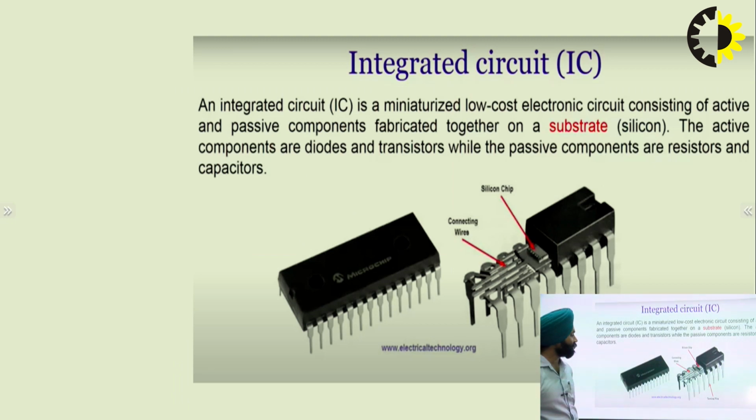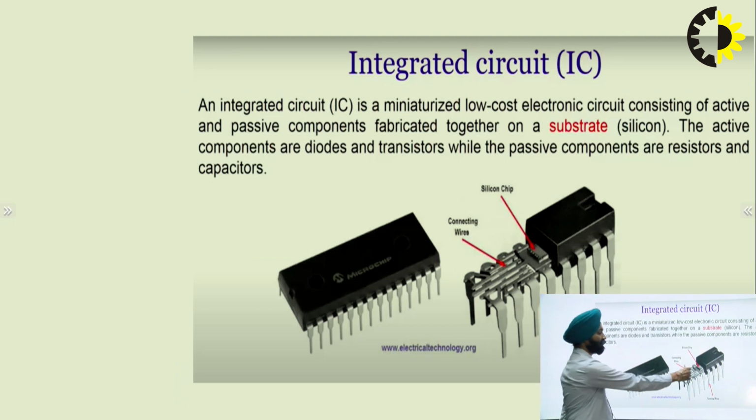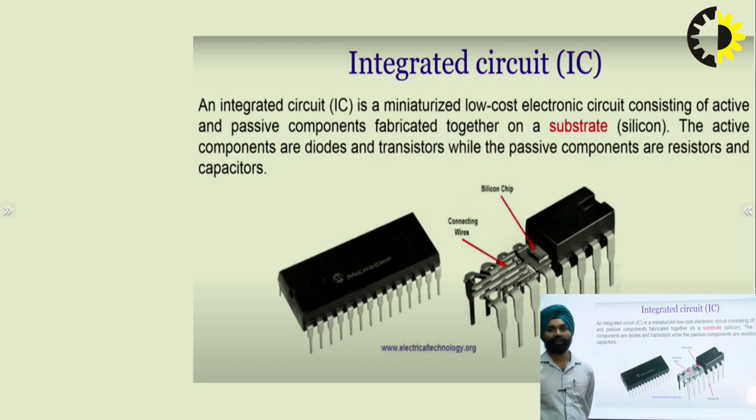This is a real IC which has the silicon chip, and the wires are taken out as the legs of the IC. The IC has many components. They can be active as well as passive components that are mostly fabricated on one single silicon plate, also called the wafer, or any other semiconductor depending upon our choice.